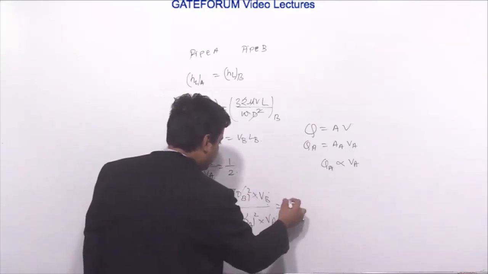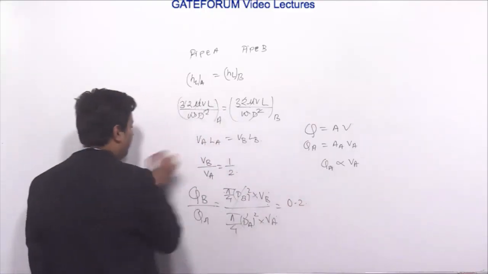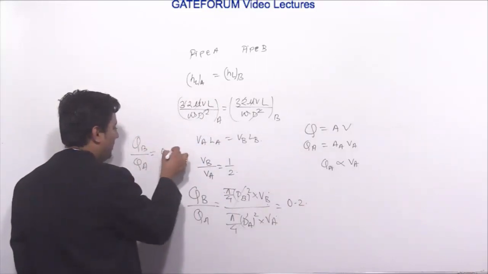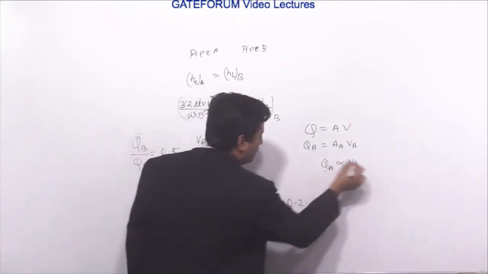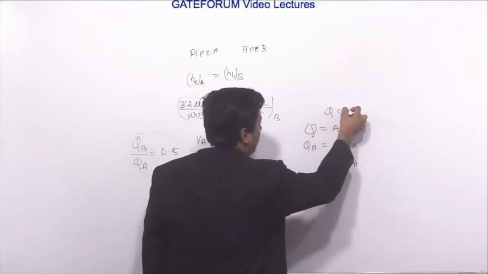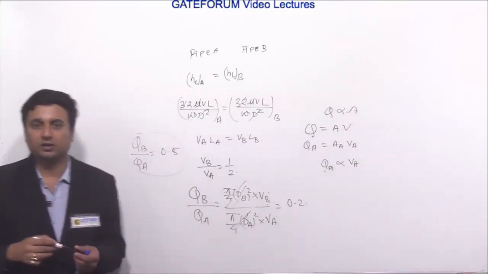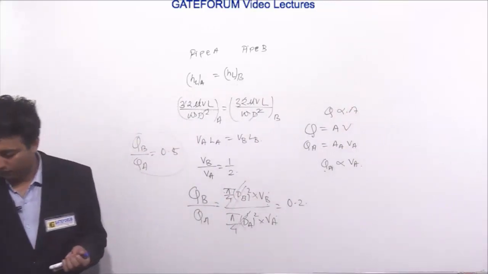VB by VA is again 0.5, so QB by QA is 0.5. Q is directly proportional to V. So what will be your answer? That will be equal to 0.5 only.